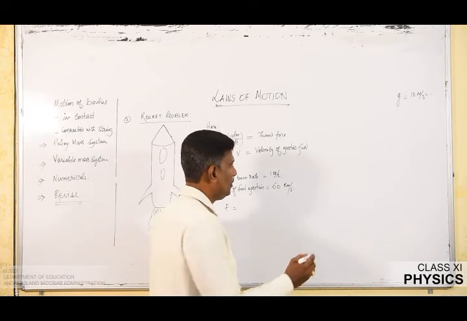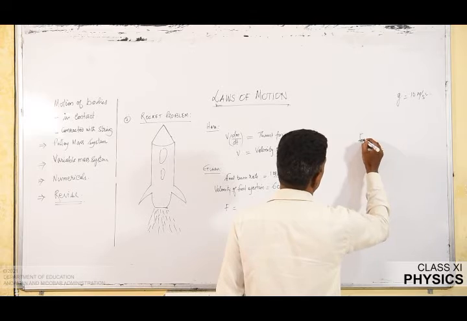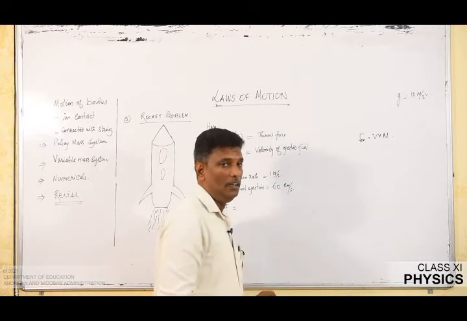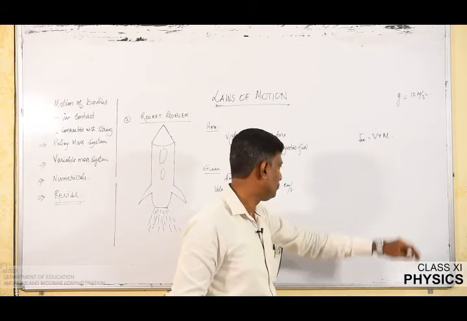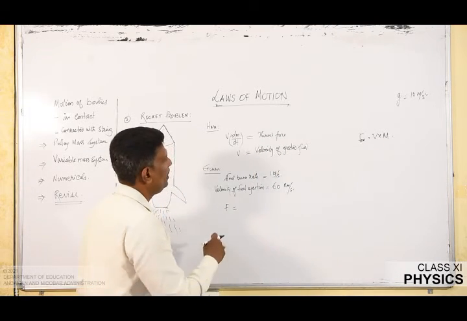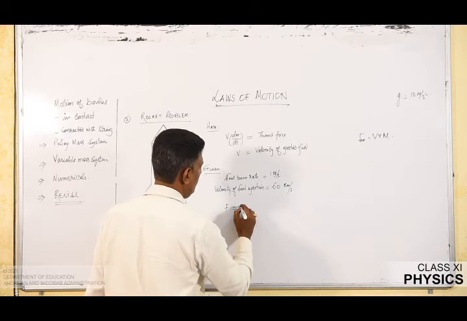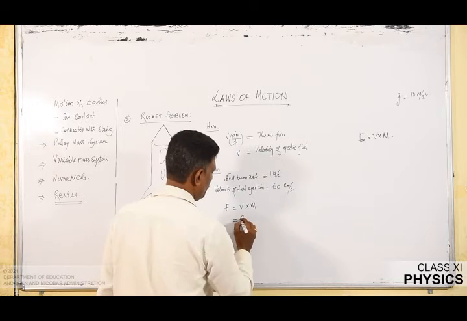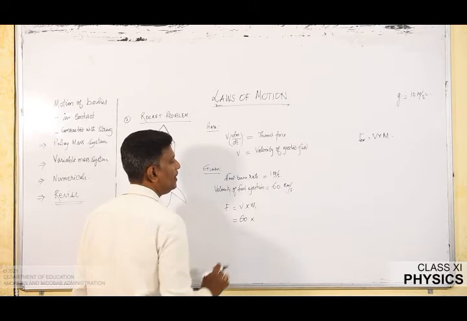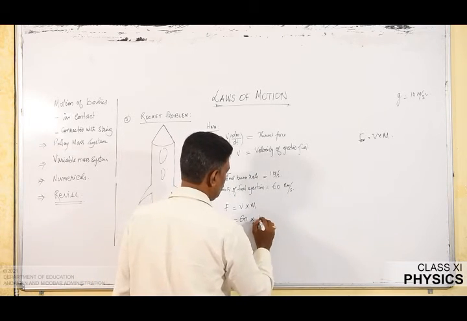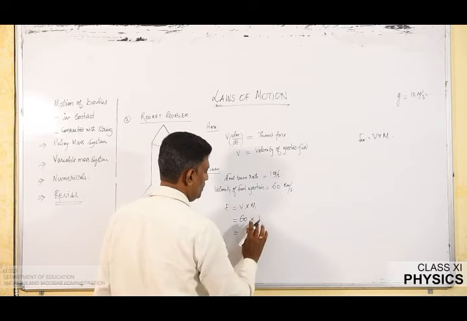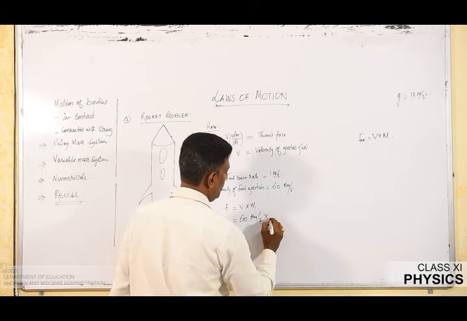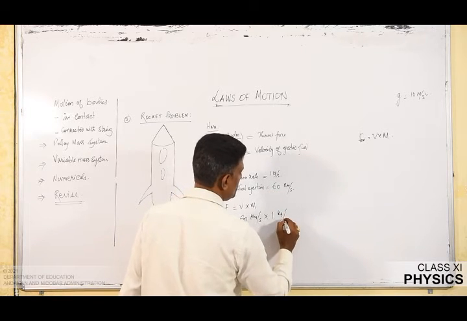We have already calculated that F external is equal to V into m, velocity of the fuel ejected with the mass ejected. So, velocity is 60, the fuel burnt rate is 1 kg, so this is 60 kilometer per second into 1 kg per second.